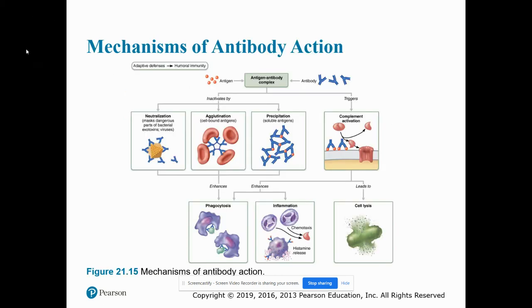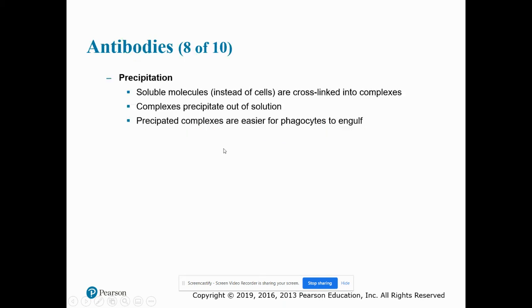This is just looking at agglutination right here. We can see them attached to multiple red blood cells here, and then we form these cross-linked lattice-type clumps that are going to be phagocytized, taken up by the immune system.